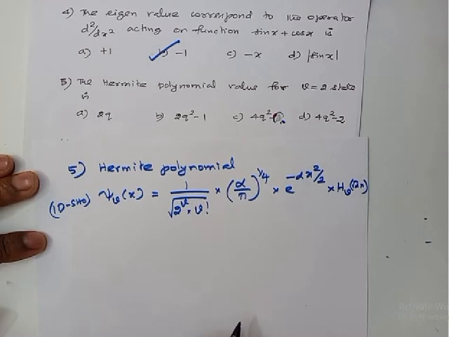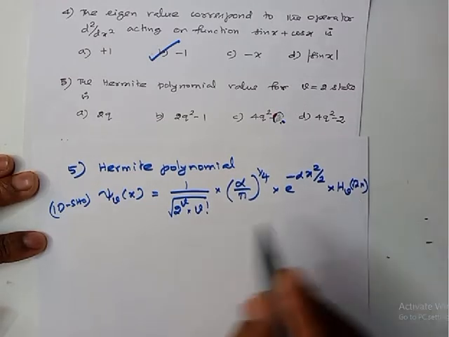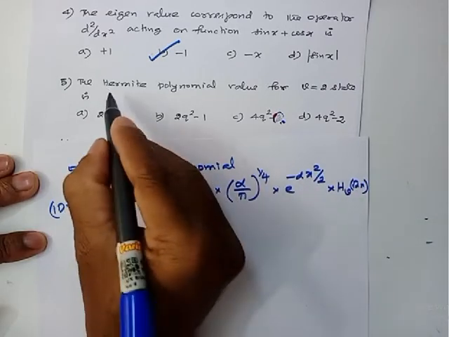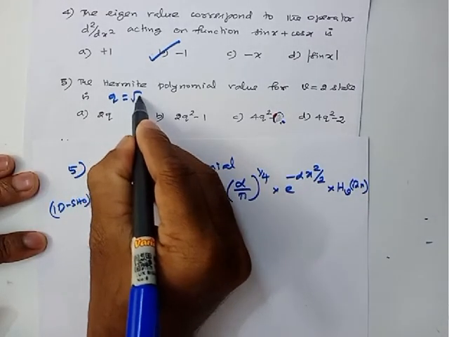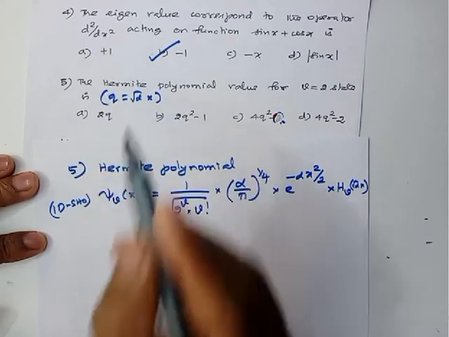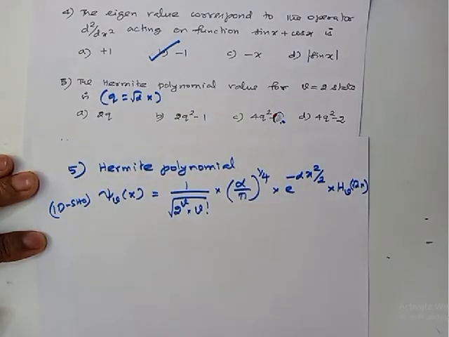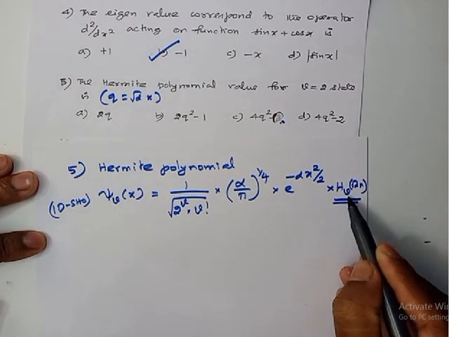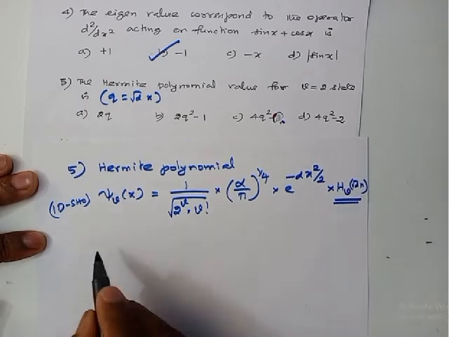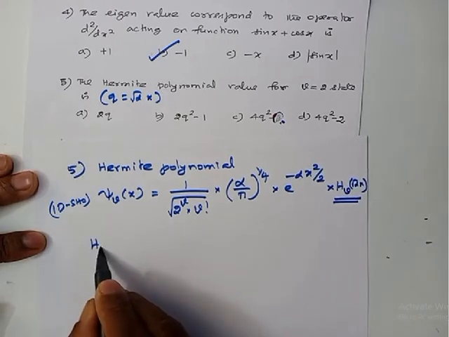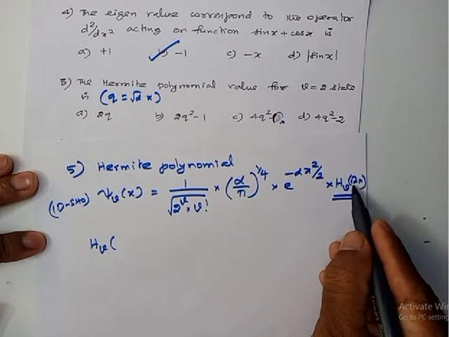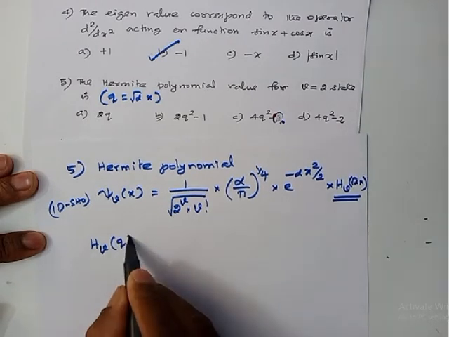Okay, here I have given the Hermite polynomial value in terms of q. Actually q here is nothing but root of alpha into x. Yeah. So how to find the Hermite polynomial value for any vth state? The general formula is Hv of q, instead of root alpha x I'll put q.